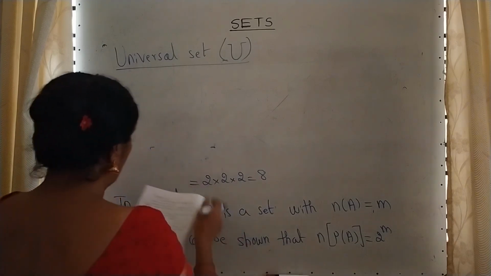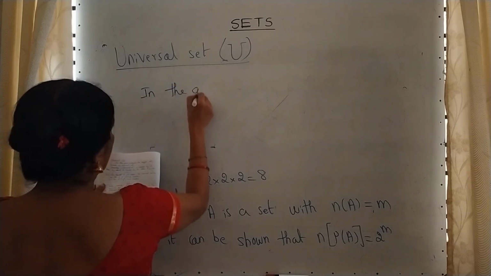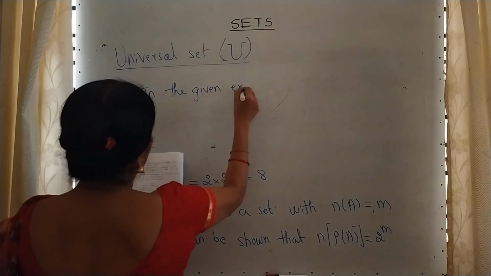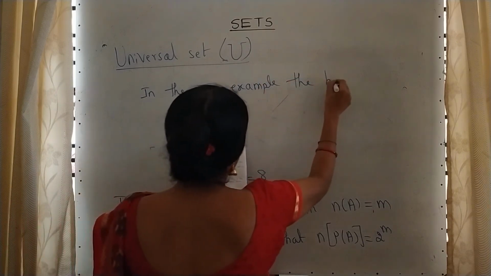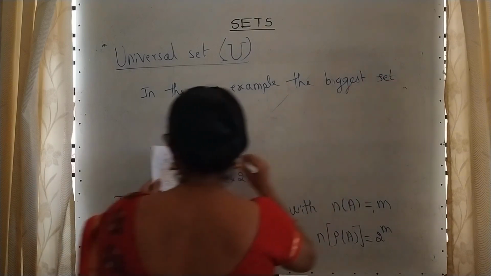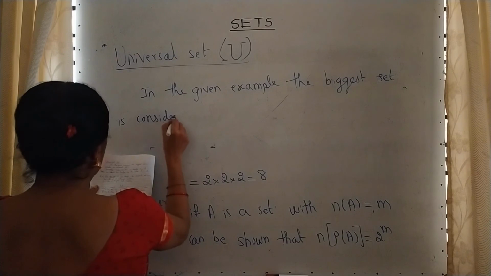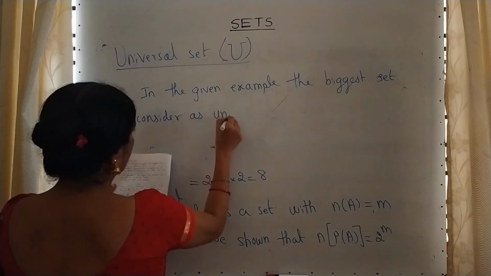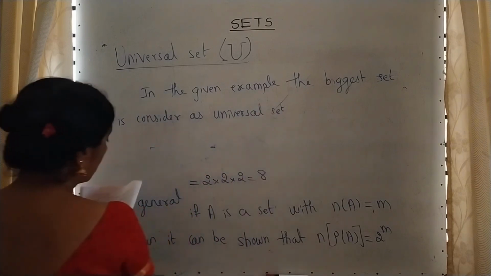See, in the given example, the biggest set is considered as the universal set.